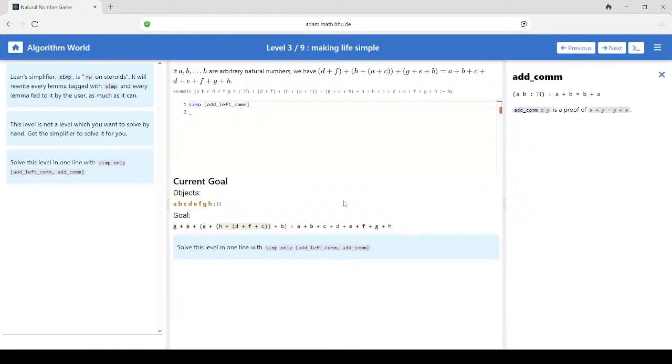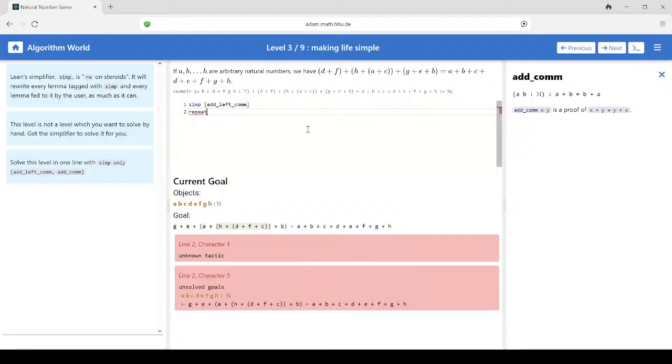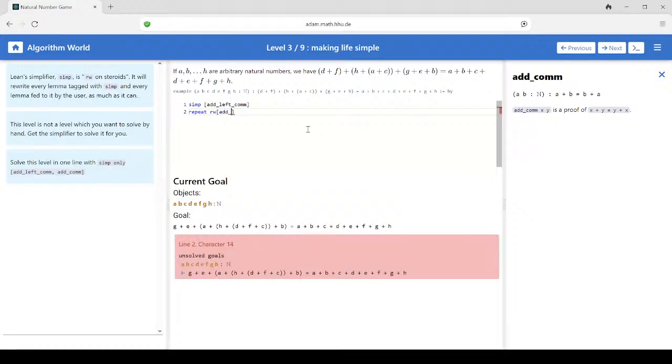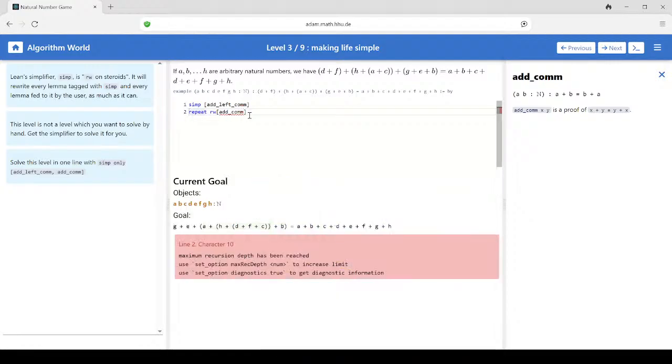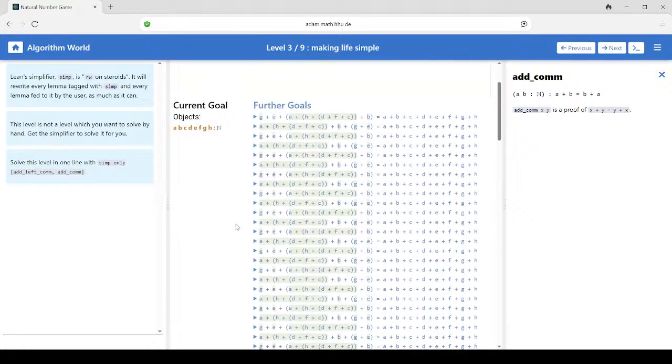So what will that do? And that's going to be different than if I simply repeat rewrite add commutative. Yeah, well, we run into the same problem where it keeps doing the same thing over and over again.